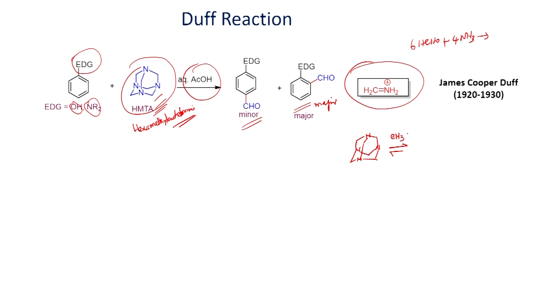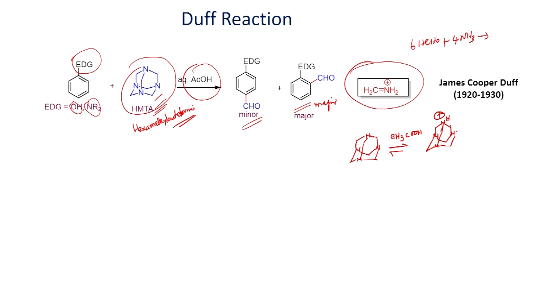For example, if you take acetic acid, the protonation of this nitrogen can give an ammonium ion intermediate.